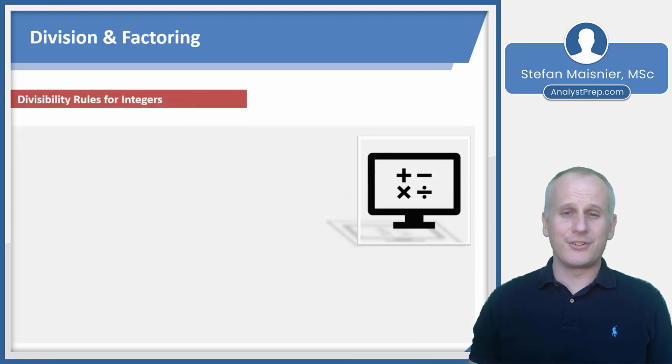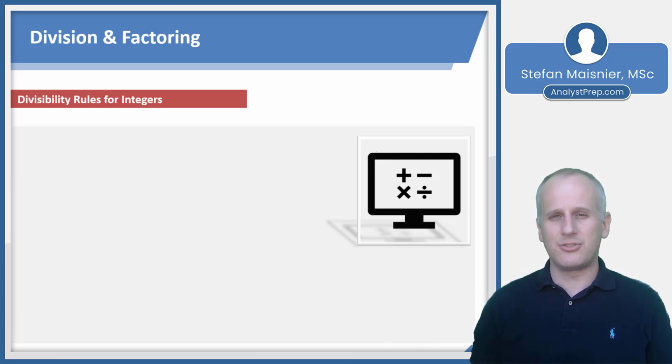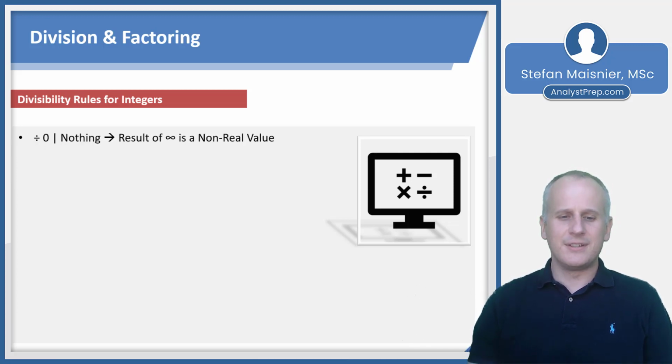Now, here are some really handy divisibility rules for integers so that you don't have to fully calculate if they're asking you about just if something is divisible. It's also really helpful if you're logically estimating for potentially larger mathematic calculations. First is a bit of a trick question, because for the purposes of the executive assessment, nothing is divisible by 0 because the result is infinity, and that's a non-real value.